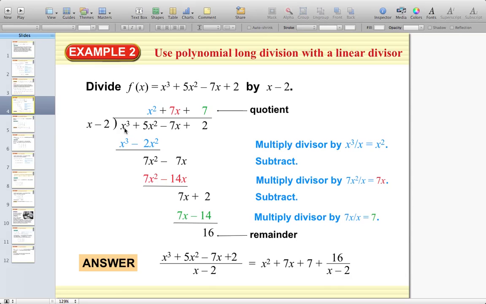We want to divide the highest term by x, figure out what is needed, multiply it out, subtract, bring down the term, divide the next term, 7x squared by x to get 7x, multiply it out, subtract, bring down the next term, 7x divided by x, so 7, multiply it out. Eventually we end up with just our remainder, and then set that up in our fraction form. So here is the quotient that you can see in the quotient line, and then plus 6 over x minus 2.